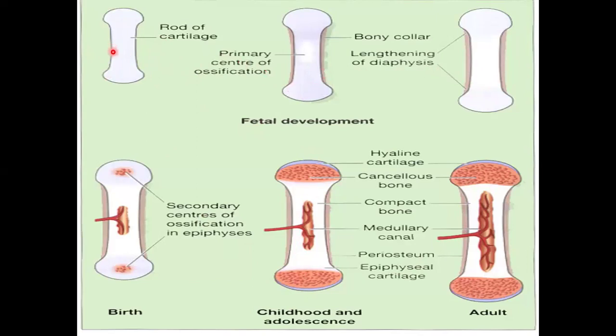So this cartilage has no collar. It has no outer covering. So cells in this cartilage, the chondroblasts, are receiving an adequate amount of oxygen from the surrounding blood vessels. So diffusion of gases and nutrients is easy.